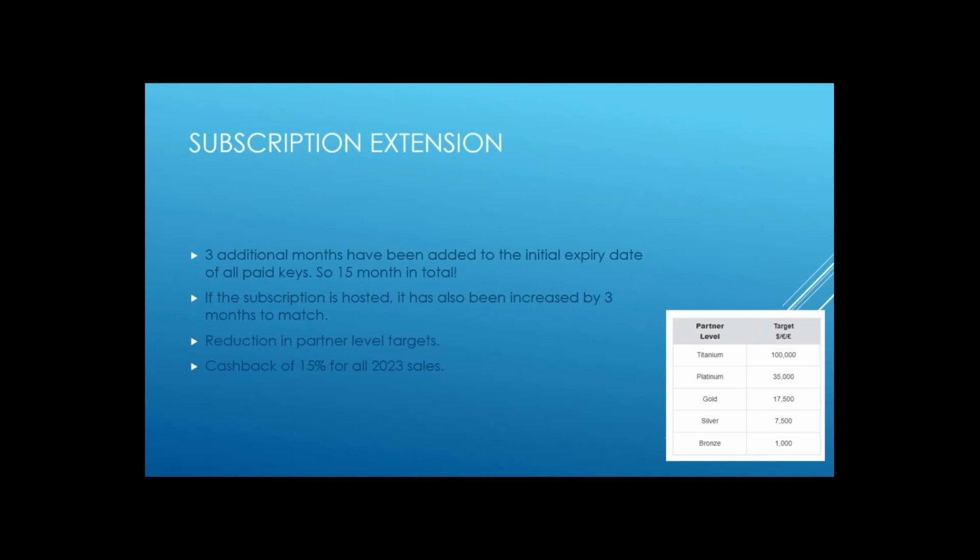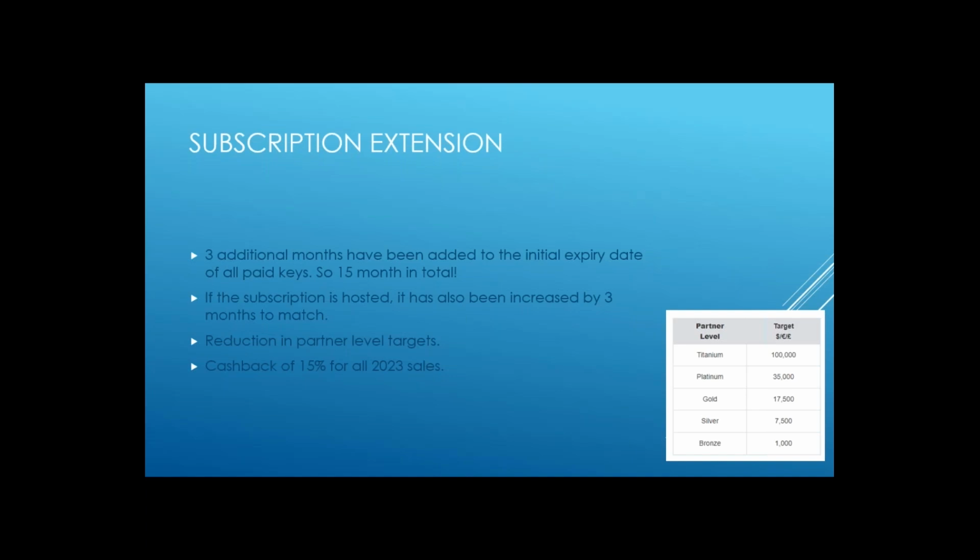Because of this, obviously you're going to be 3 months ahead now, which means potentially you're renewing at a later date, and then with the partner level target, you might be 3 months out essentially. So to combat this, 3CX have been kind enough to reduce the partner level targets, as we can see on the right by this chart here.